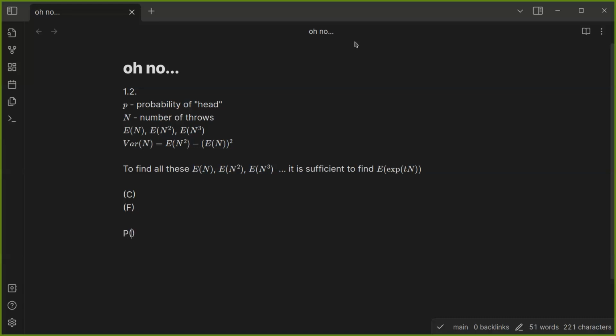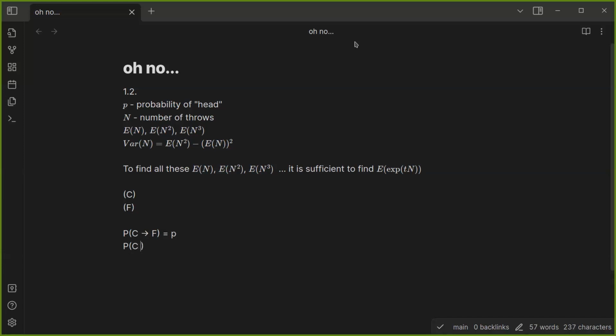What is the probability of going from state C to state F? If now I throw a coin, because I wait for heads, the probability is just P that the game will finish in one step.